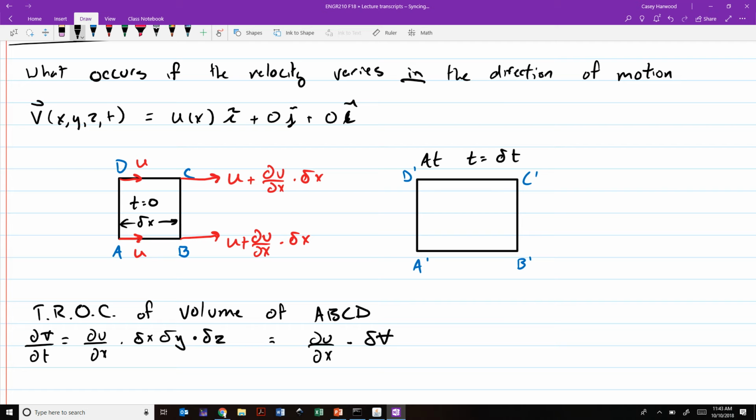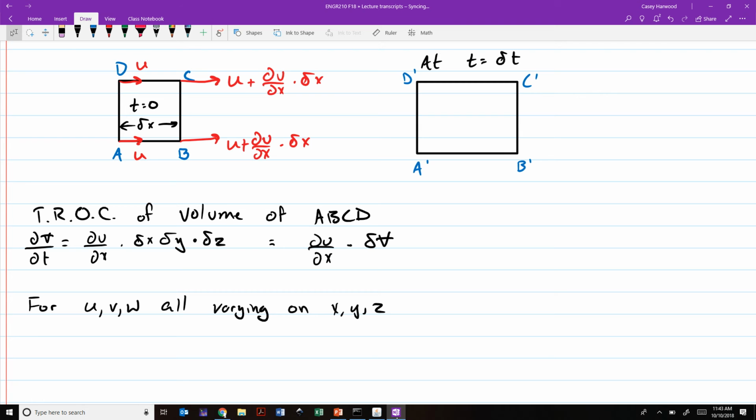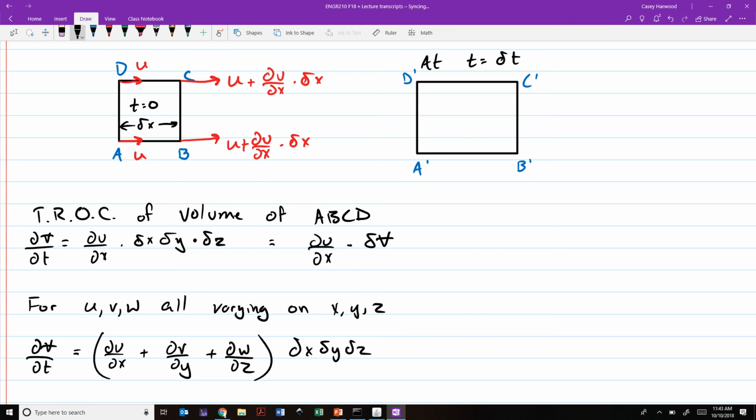More generally, this is a case where the velocity is only changing in the x direction. If it's also changing in the y direction and in the z direction, if we allow that three-dimensional velocity function to come in, then for u, v, w all varying on x, y, z, we would write dV dt is equal to du dx plus dv dy plus dw dz, times dx dy dz.